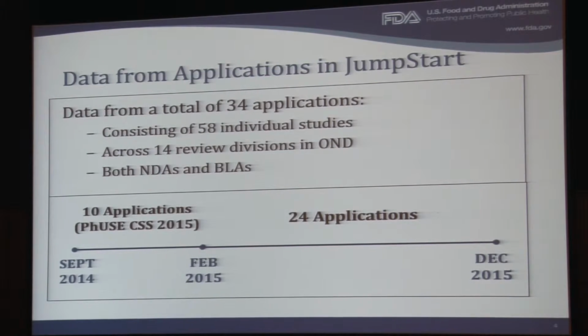And I do want to note that the poster that we have up, poster number 20, the data quality findings from JumpStart, actually provides data on the 24 applications. So you may see different percentages, but I'll be providing you data from the 34 applications. And I do want to note that this is a snapshot of the applications that we received in the Office of New Drugs. Not every application goes through JumpStart.